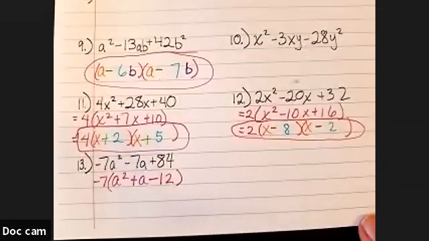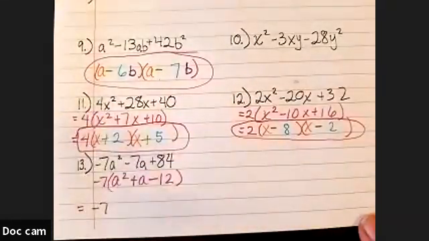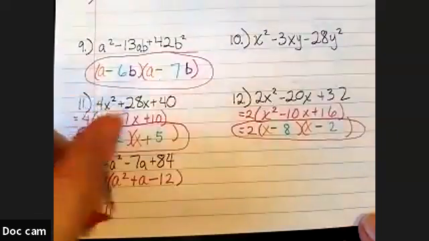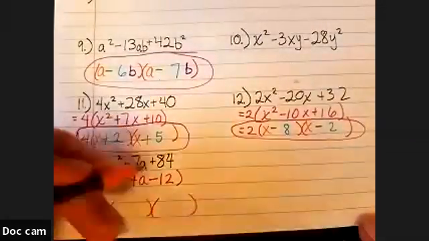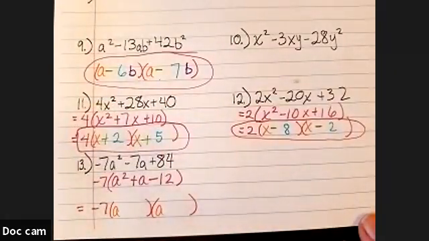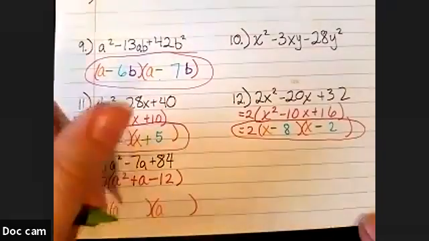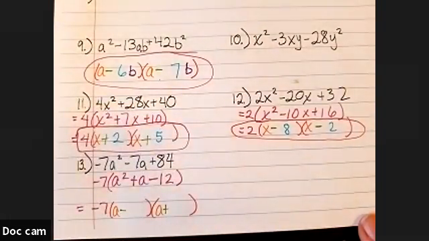And then keep that -7 in the front and do 2 sets of parentheses and then 2 a's. We're looking for two numbers that multiply to a negative, so it's going to have to be opposite signs. One's negative, one's positive.